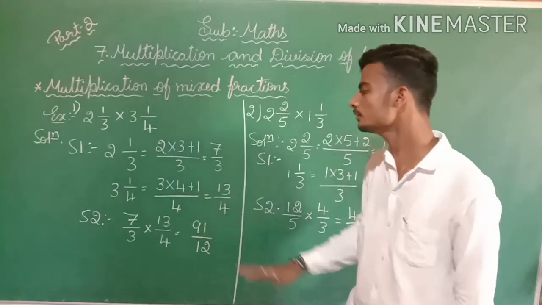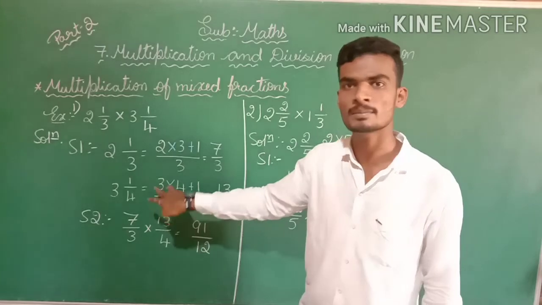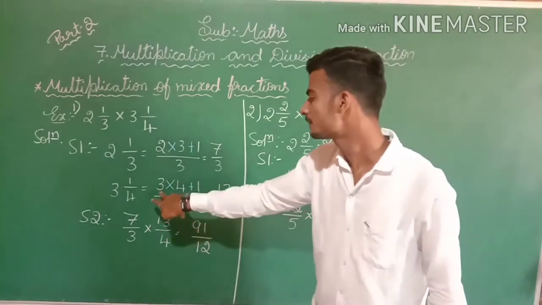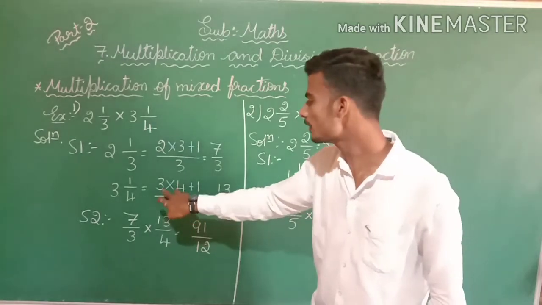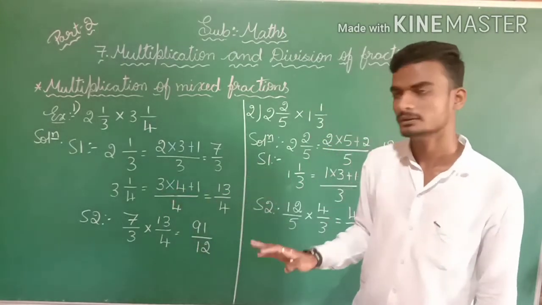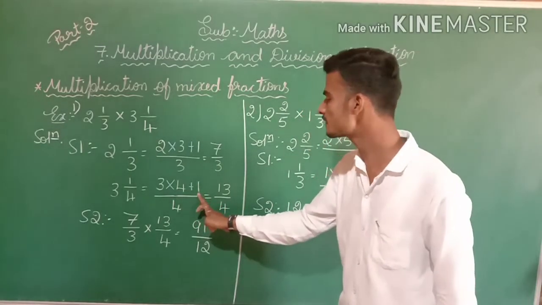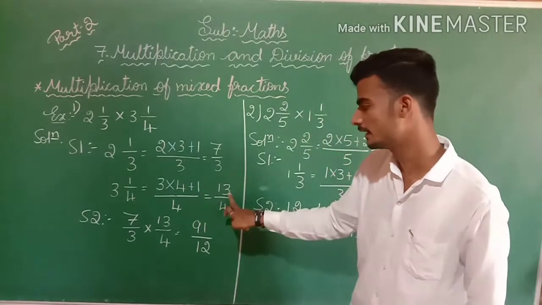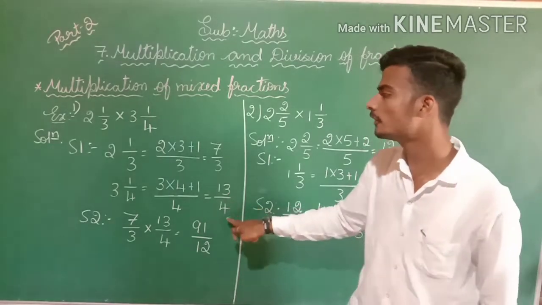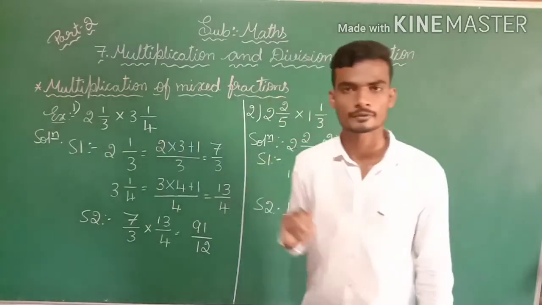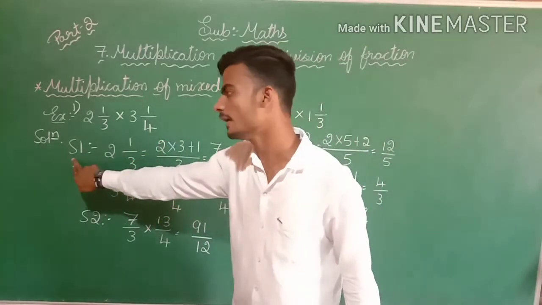Multiply these two numbers: 3 4s are 12, the product. Then add 1 to that product: 12 plus 1 is 13. So 13 by 4 is the improper fraction we got for 3 whole 1 by 4. This is all about step 1.